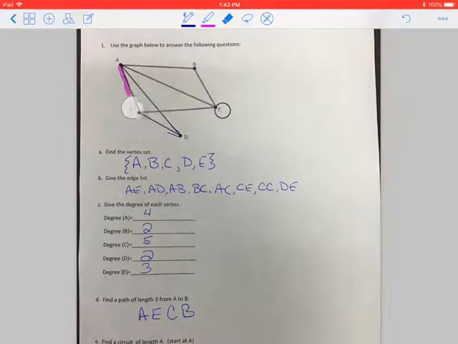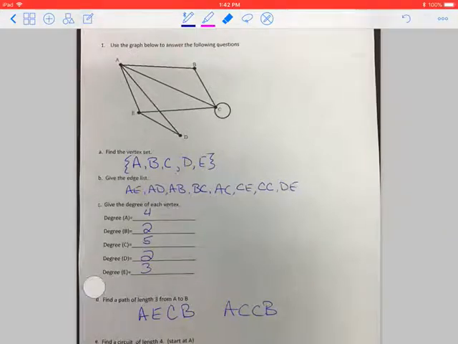All right, let me go back and erase this. So another one we could do is we could go A to C, that would be 1. We could do the loop, that would be 2. And then back to B would be 3.